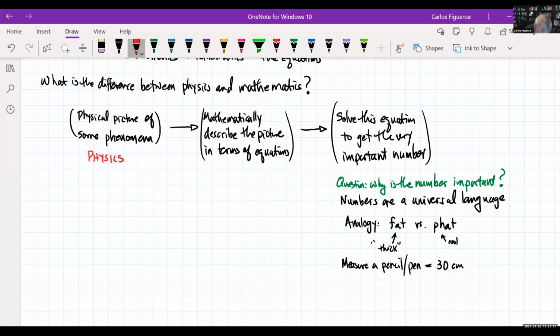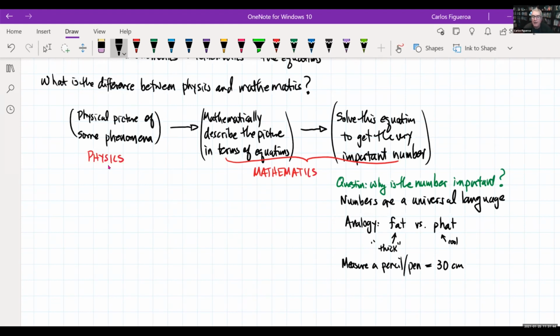So when I say mathematics, this whole process here is mathematics. When I look at this process as far as physics is concerned, we go like, yeah, we get a number, but wait a minute. If the number's right, then that means the equation that I derived from my picture is right.